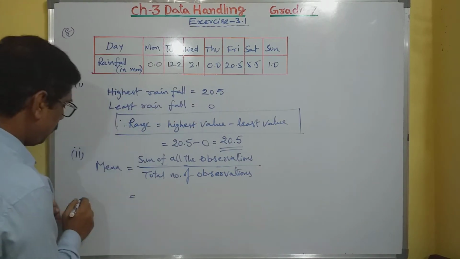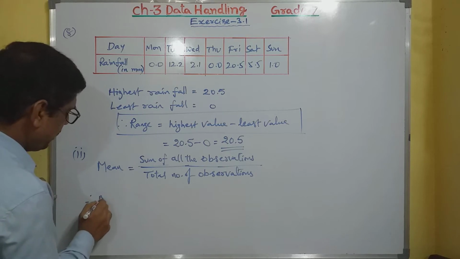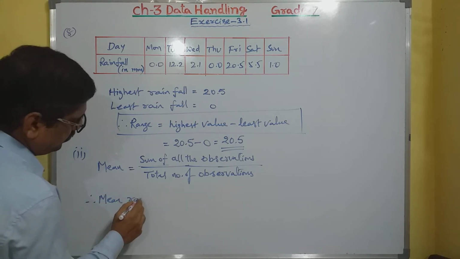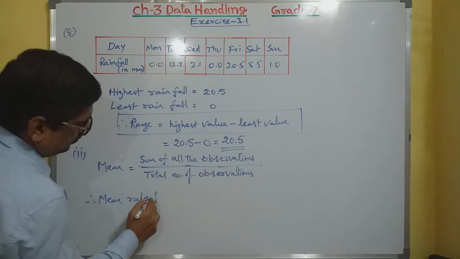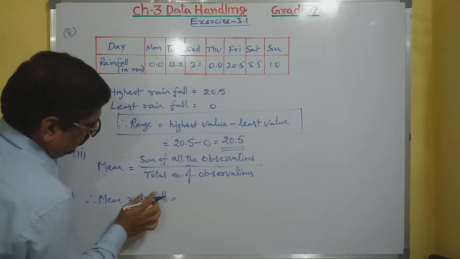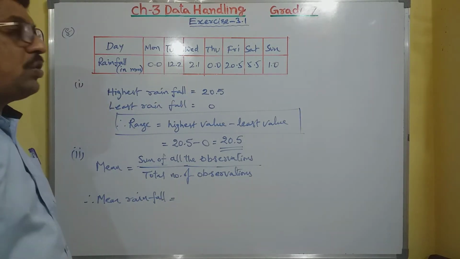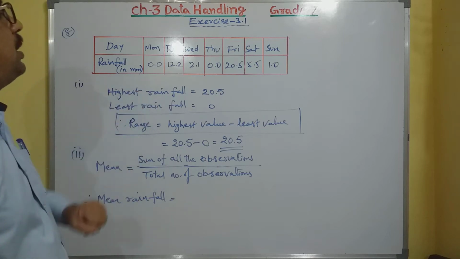So, therefore, mean rainfall is equal to, what is the sum of all the observations from the data?